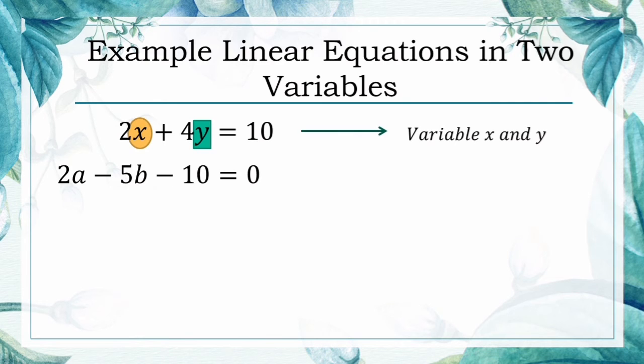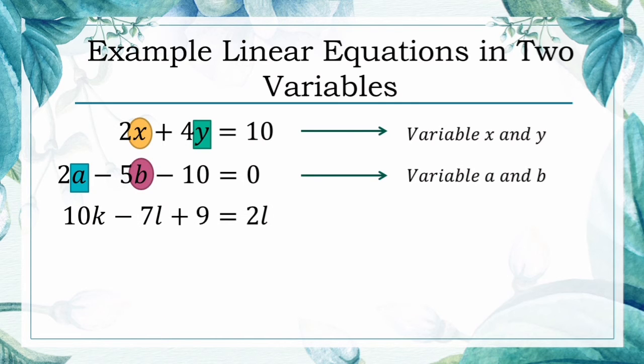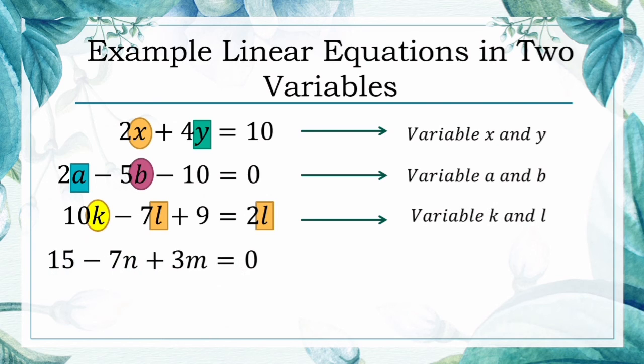Number 2. 2 times a minus 5 times b minus 10 equal to 0. The variables are a and b. Number 3. 10 times k minus 7 times l plus 9 equal to 2 times l. The variables are k and l.